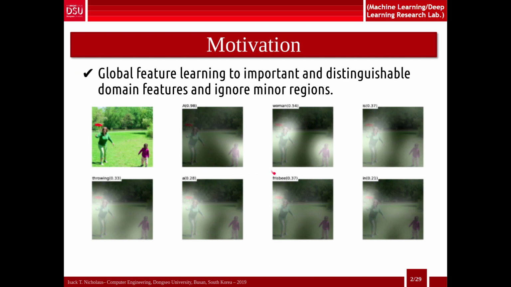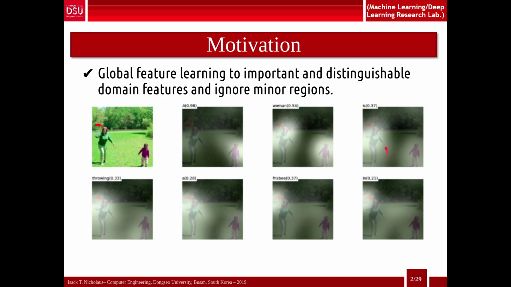For example, here we have a woman and a boy, as well as a background which is a garden or a park, and we see the woman is throwing something into the air. Attention tries to focus and find one object at a time and give a meaningful text. For example, here it finds a woman and it generates text.